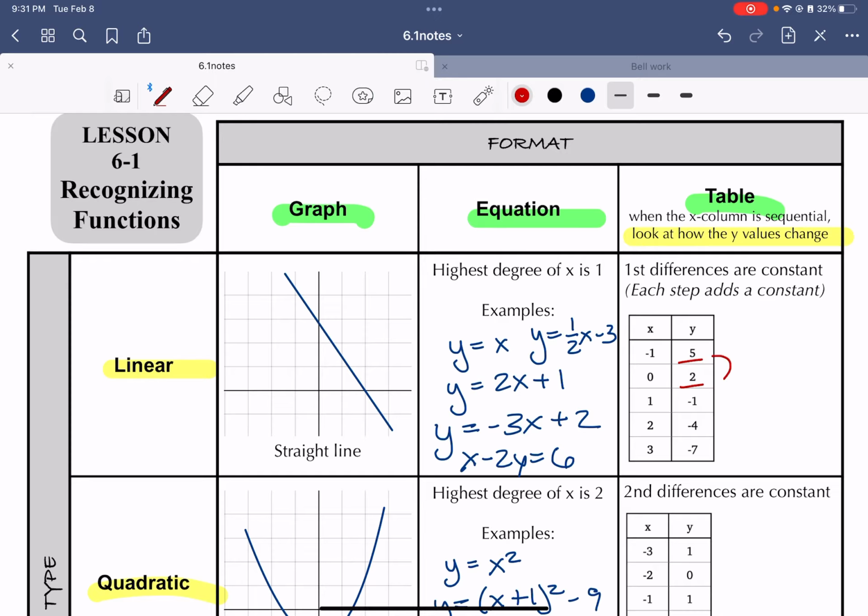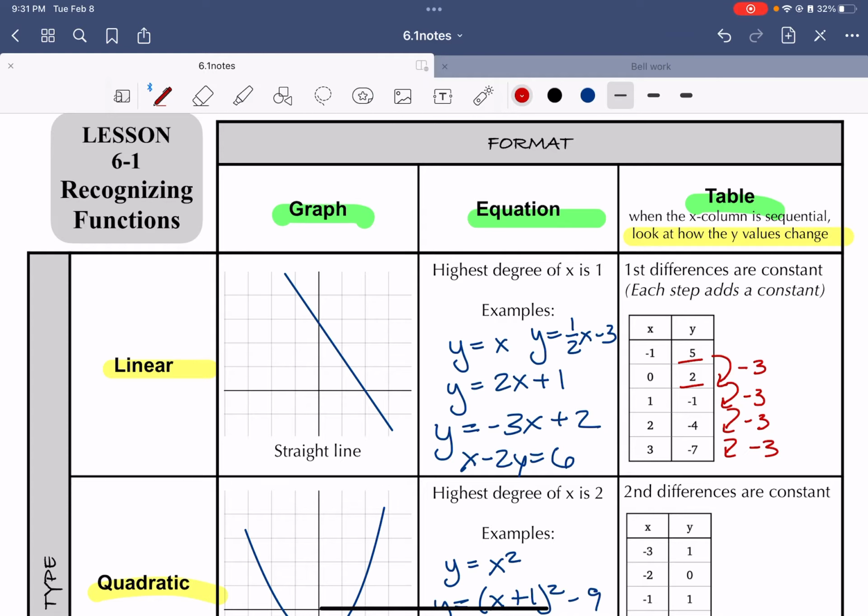So to go from 5 to 2, I had to subtract 3. And then to go from 2 to -1, I subtracted 3 again. To go from -1 to -4, again, I have to subtract 3 again. And from -4 to -7, I'm subtracting 3. So as you can see, every time I subtracted 3. So those differences are constant.